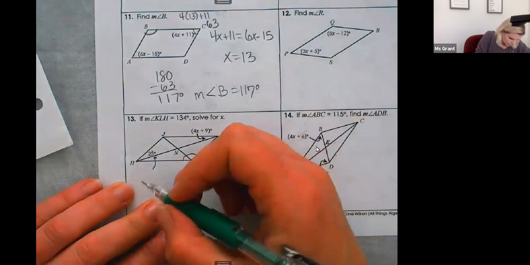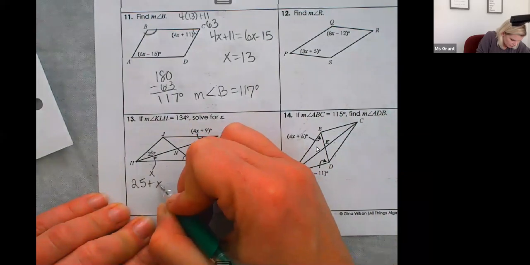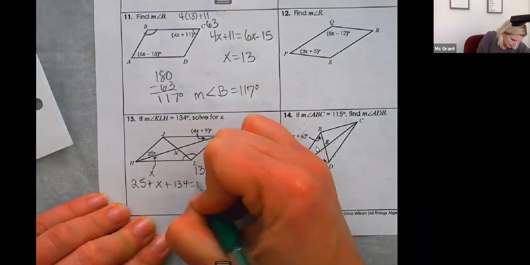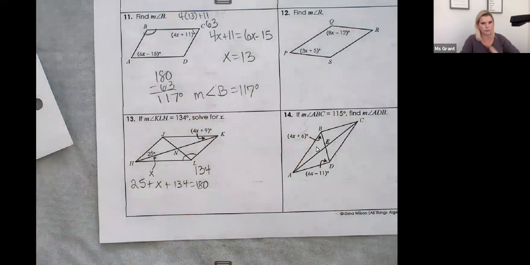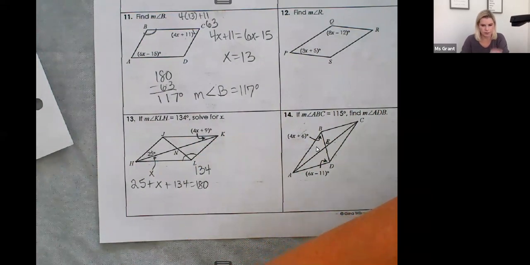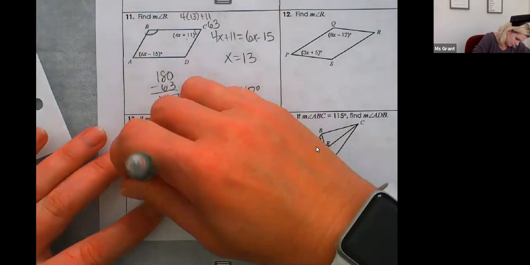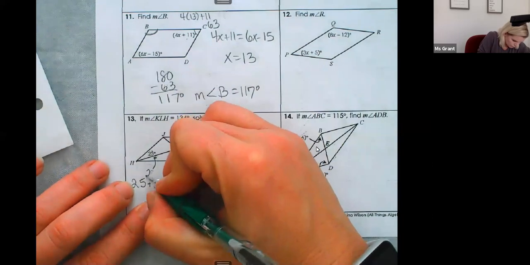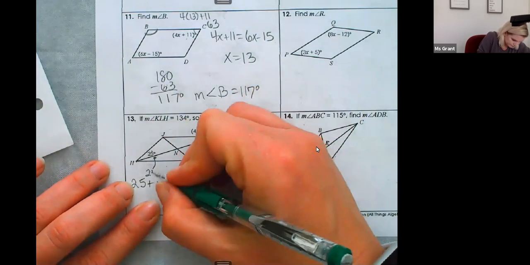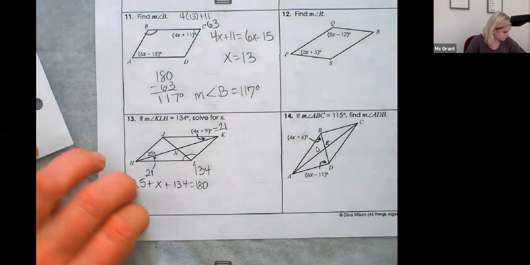So 25 plus I don't know plus 134 equals 180. 180 minus 134 minus 25, 21. So x equals 21. Oh. Which means that 4x plus 9 equals 21.